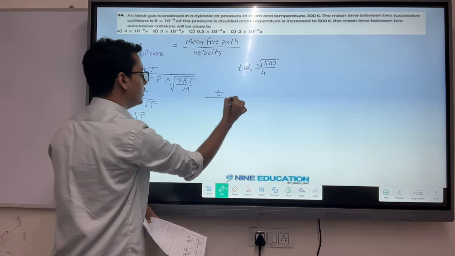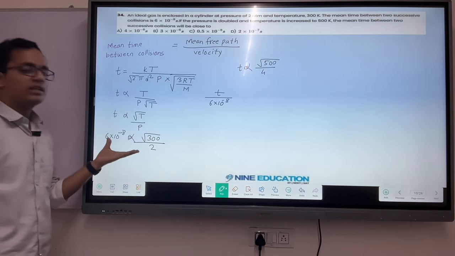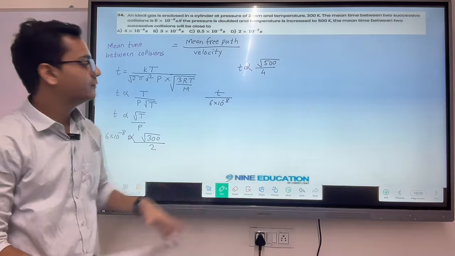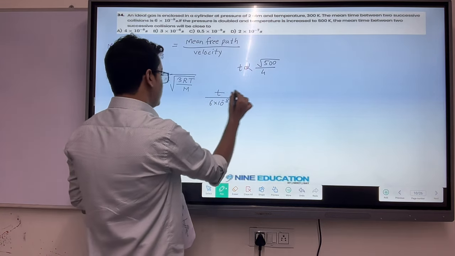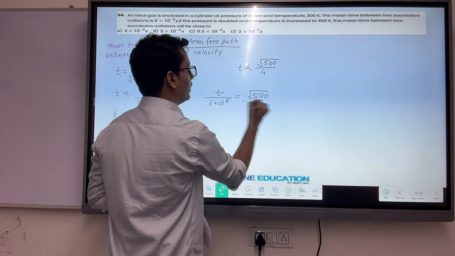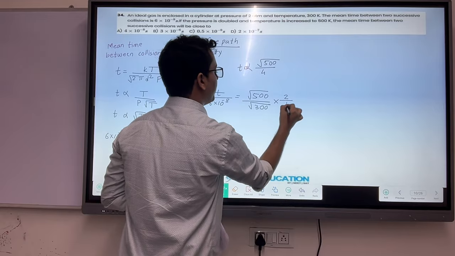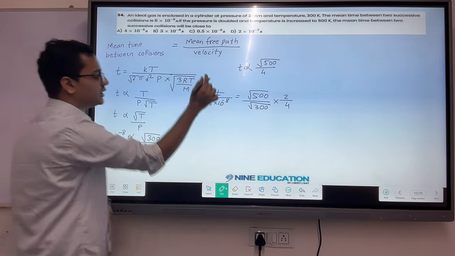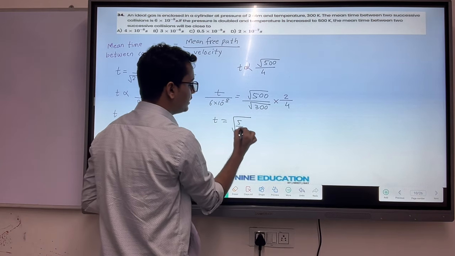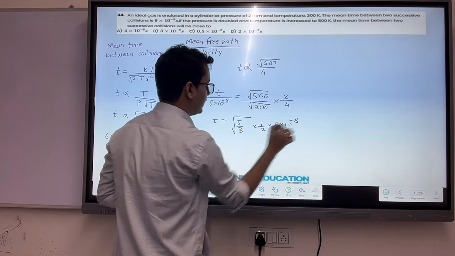So you are going to get t divided by 6 × 10^-8. This is the initial mean time. This is the final mean time, which is equal to square root of 500 divided by square root of 300 into 2 divided by 4. I just divided these two equations and I got t as square root of 5 by 3 into 1 by 2 into 6 × 10^-8.